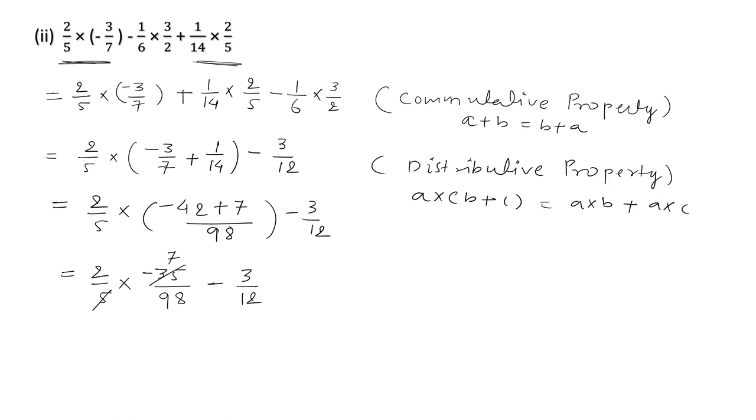Okay, and here we cancel out the common factor. So 2 4s are 8, 1 remaining 18, 2 9s are 18. So by using 2 we can cancel out the common factor, and here 3 4s are 12. Okay, whatever is remaining, we will write that. So here only minus 7 is remaining, so we write minus 7 and the denominator is 49.